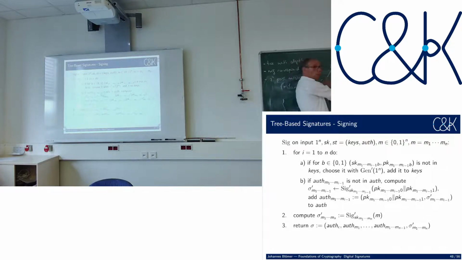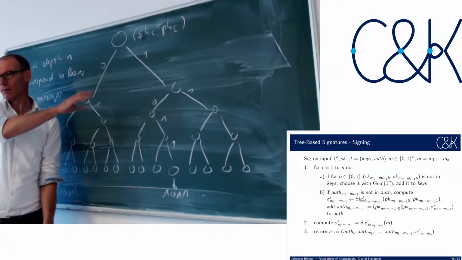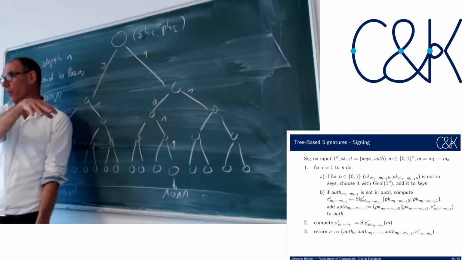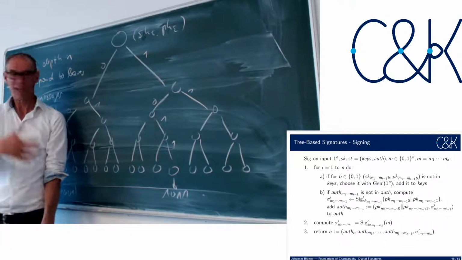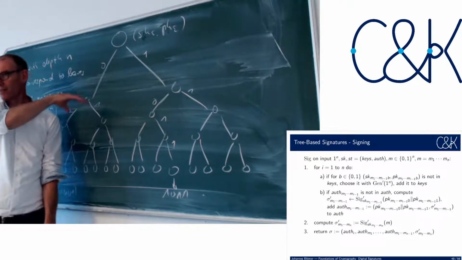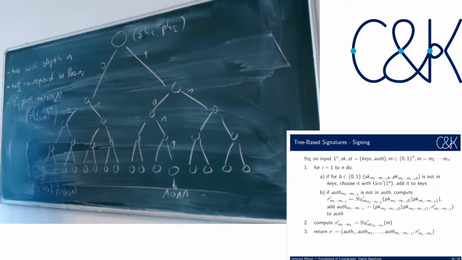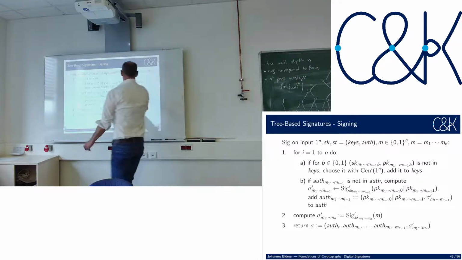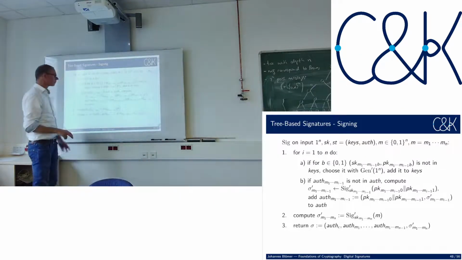Those 2 things you always need, because one of them lies on any path to a leaf, and we also need the direct descendants on the path. If not, you choose it and add it to keys.